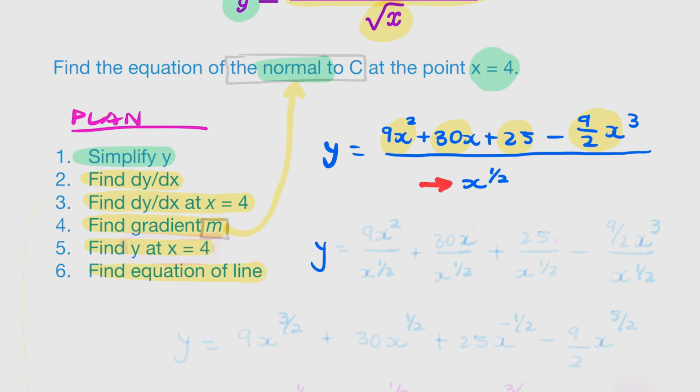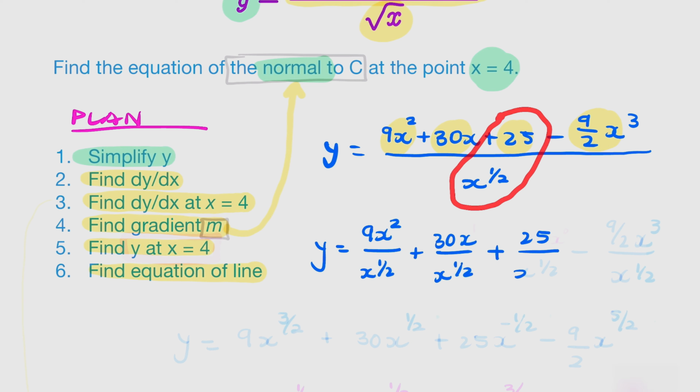So y can be rewritten as 9x squared over x to the power 1/2 plus 30x over x to the power 1/2 plus 25 over x to the power 1/2 minus 9 over 2x cubed.